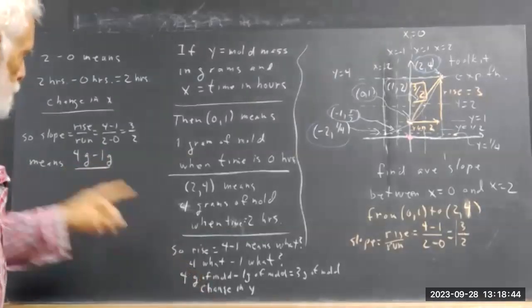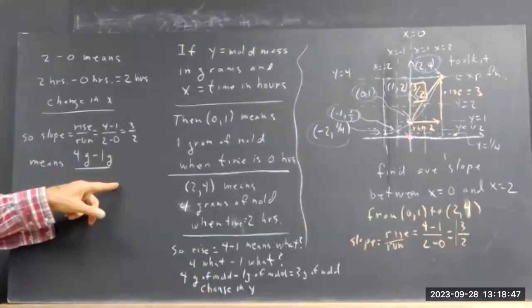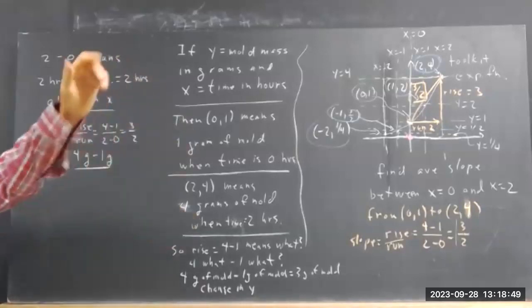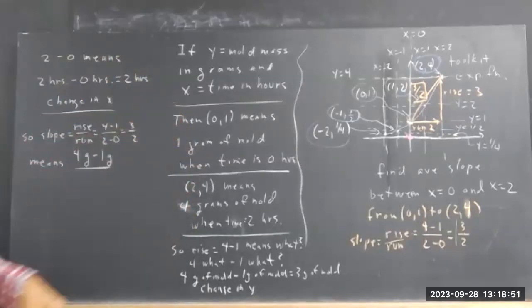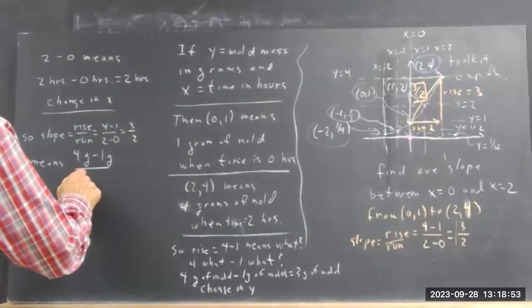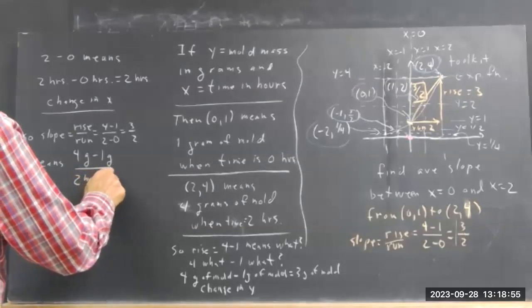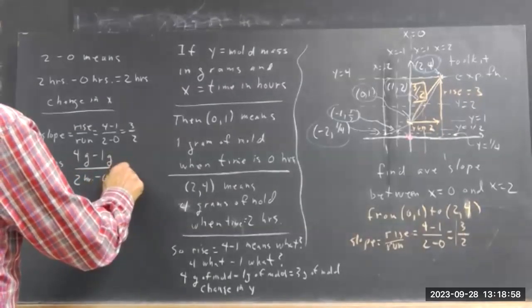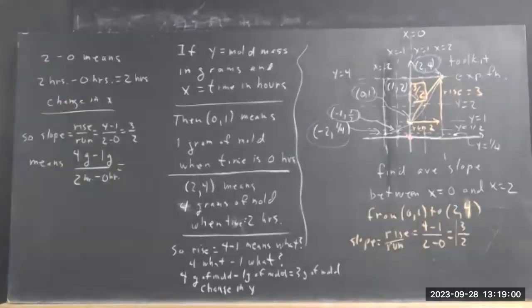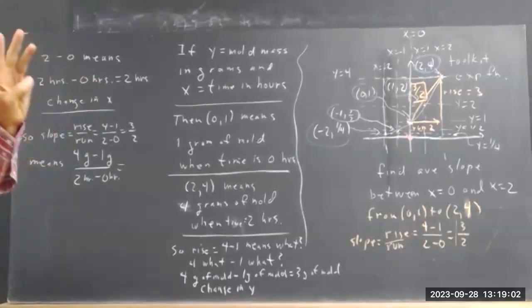Now we'll understand that we're talking about mold. It's 4 grams minus 1 gram, okay? Because we don't have to keep writing that mold thing. Now, if I do 4 grams minus 1 gram, I get 3 grams, right?